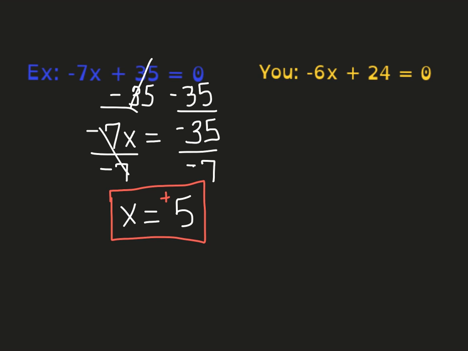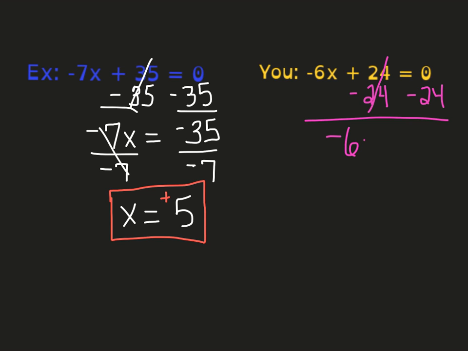All right, on this one you have negative 6x plus 24 equals 0. So you're going to work it out exactly like the one we just did. I'm going to use a different color, like my pink. So I'm going to get rid of the positive 24 by doing minus 24.